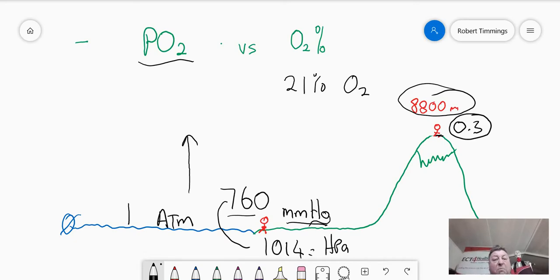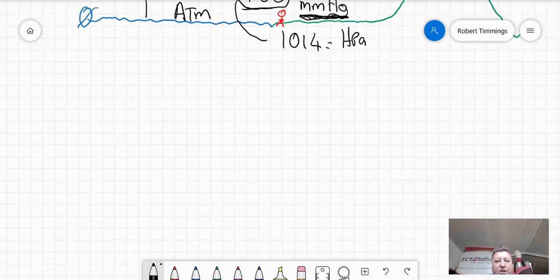In other words, 30% of whatever the air pressure is down here at sea level, it's only about 30% that air pressure up on the top of Mount Everest. So in millimeters of mercury, if at sea level our millimeters of mercury is 760, on the top of Everest it's going to be about 250. So you can see it's much, much lower than sea level air pressure.